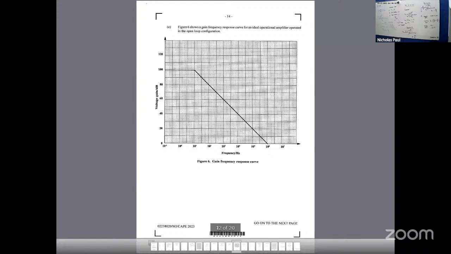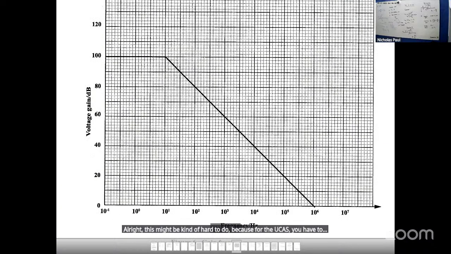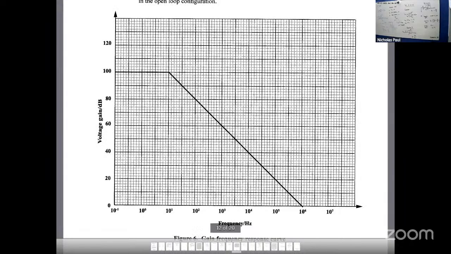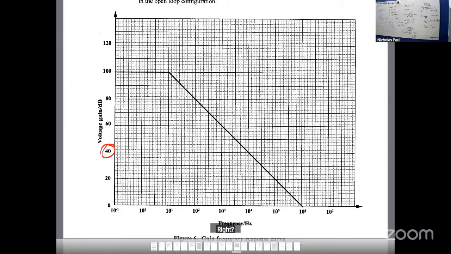This one might be kind of hard to do because we haven't done it in class yet. I'm going to give you an example here. Suppose they said to read off the bandwidth when the gain is 40. If the voltage gain is 40, what you have to do is come across here and come down here.